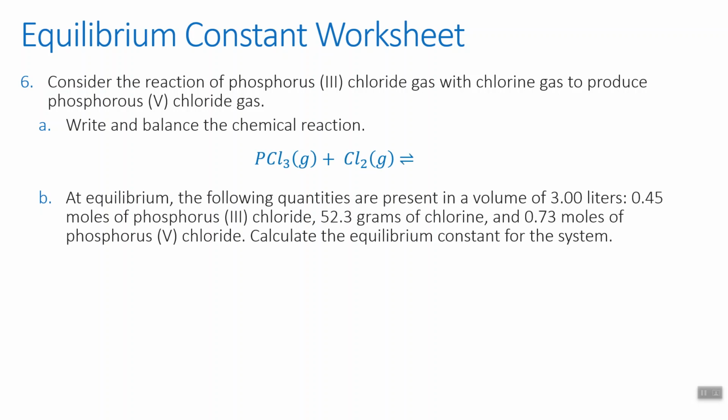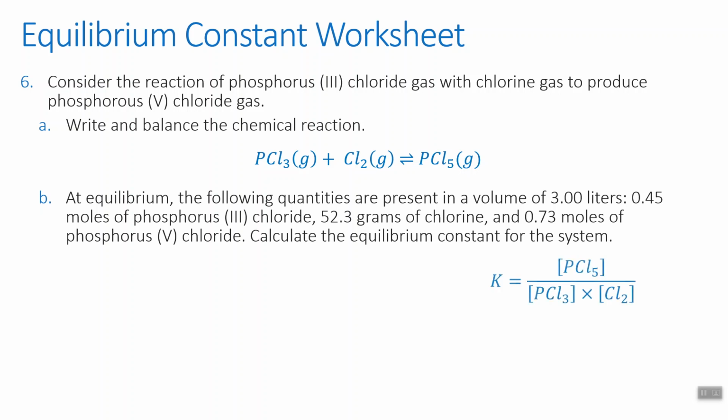And I need a double arrow here because we're dealing with an equilibrium. And then we have phosphorus(V) chloride. So that's going to be phosphorus with a +5 charge, which means that I need 5 chlorides that are -1 to make this neutral. So now that I've written and balanced the chemical equation here, we have the following quantities present, and we want to calculate the value of the equilibrium constant.